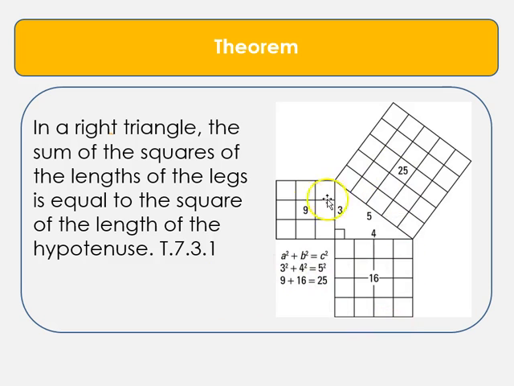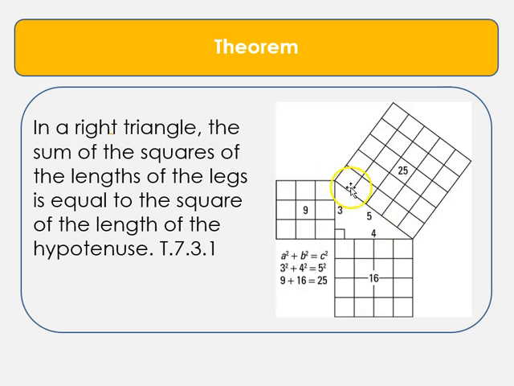This picture that I have here is just one example of a proof of the Pythagorean theorem, and this is what they call a perfect triple. It's a Pythagorean theorem with primes, and we see that we have a leg of 3, a leg of 4, and a hypotenuse of 5.